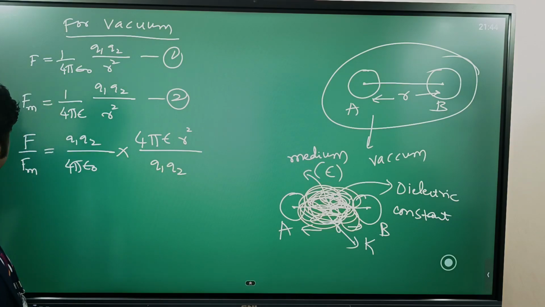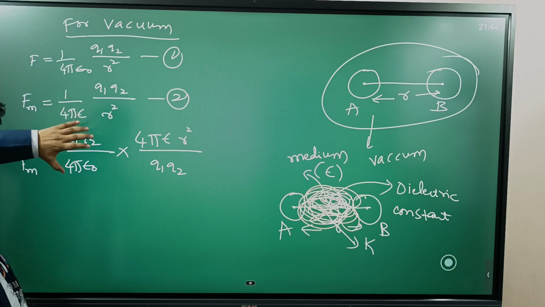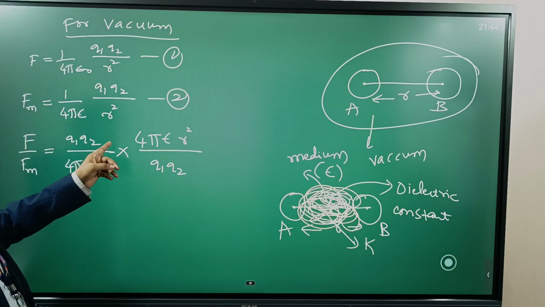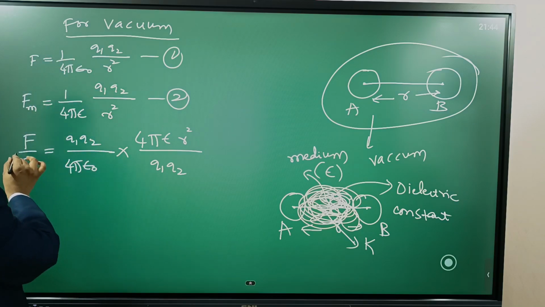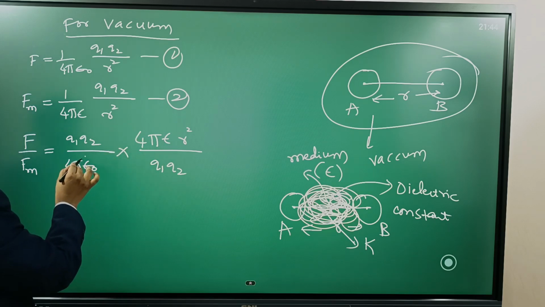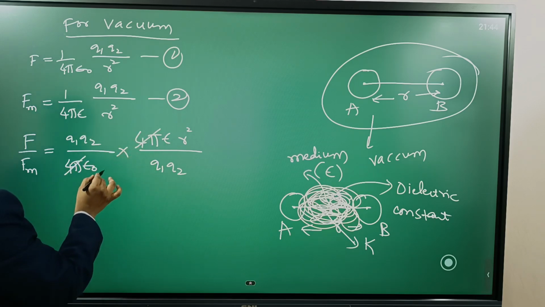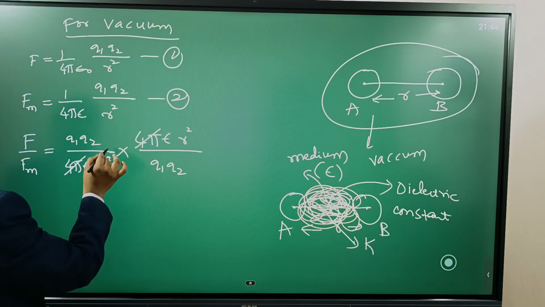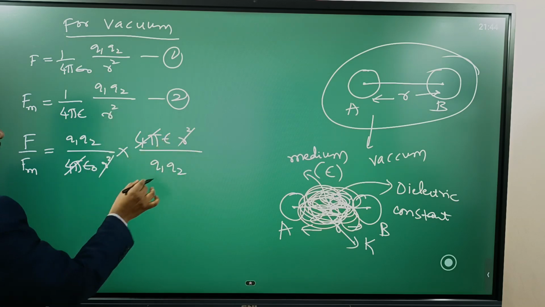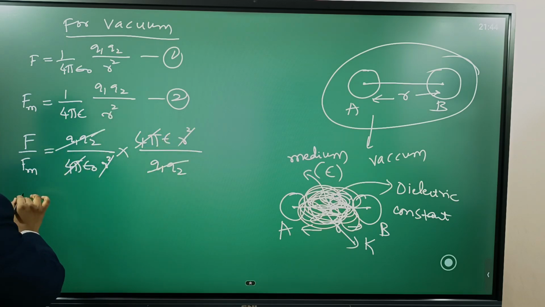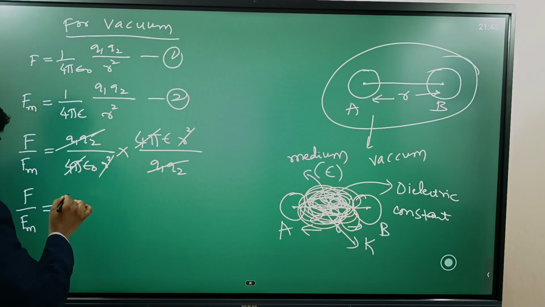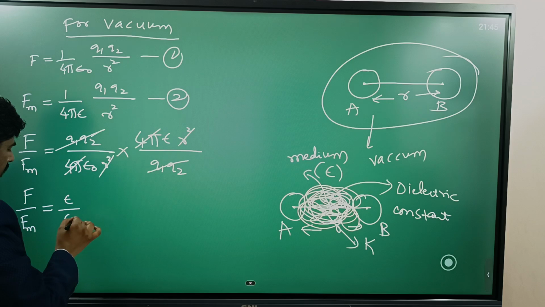Division changes to multiplication. 4 pi gets cancelled. I forgot to write r square, this r square and r square get cancelled, q1 q2 get cancelled. What remains here? F divided by Fm is epsilon divided by epsilon naught.